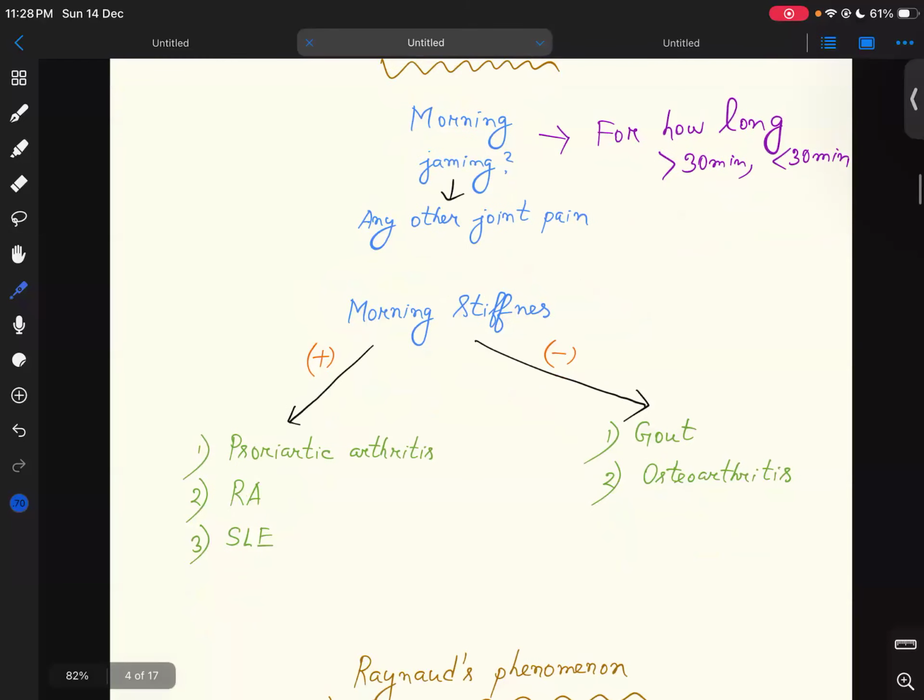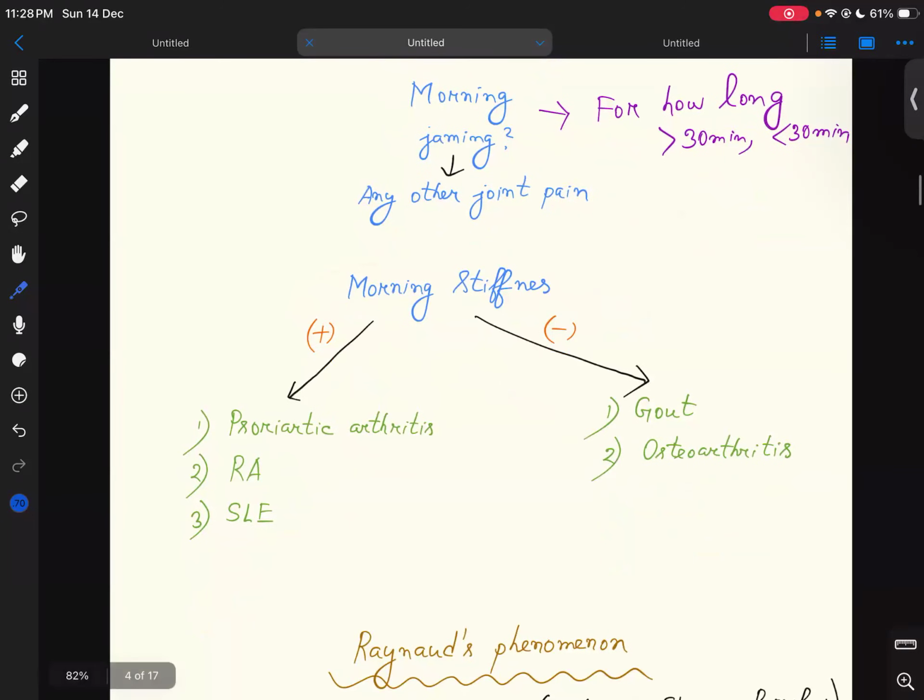So according to morning stiffness, we have to differentiate the pain. If there is morning stiffness present, the pain will be either psoriatic arthritis or rheumatoid arthritis or systemic lupus erythematosus. All this has come in the PACES exam. Psoriatic arthritis has come many times in the PACES exam, also rheumatoid arthritis, and SLE has come during this diet at the Dhaka Center. The prompt was multiple joint pain.